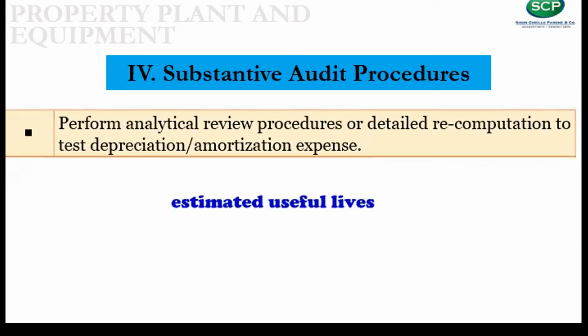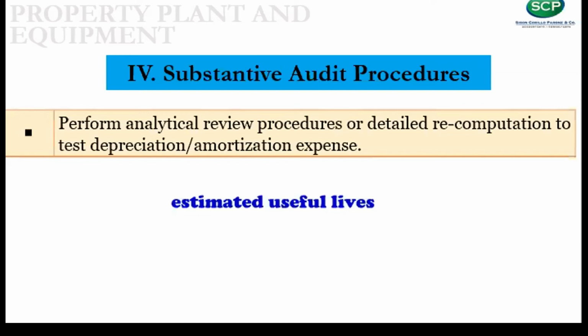So you see, we must review the useful lives and even the depreciation method that are being used by our clients and verify their reasonableness. It would be useful for us, auditors, to compare our client's depreciation method and the useful lives it assigns to its fixed assets with other companies in the same industry.